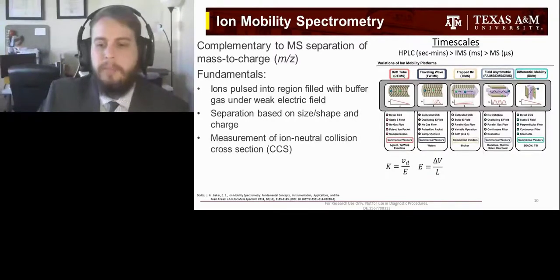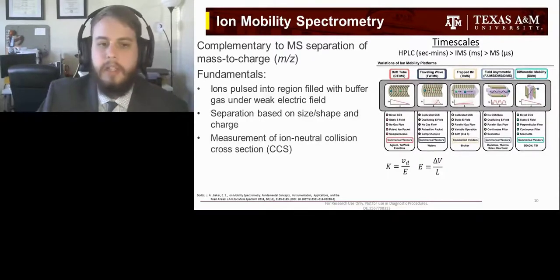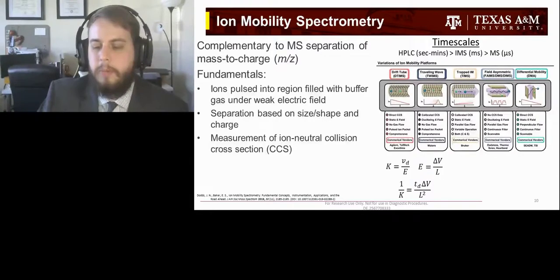Some of the fundamental math behind it is that mobility K is equal to the drift velocity of the ions divided by the electric field, where the electric field is the experimental parameter defined by the delta V, or the change in voltage across the mobility device, as well as the length of that device. If we rearrange these equations a little bit, we get that the inverse mobility is equal to the drift time times the change in voltage across the drift tube divided by the length of that drift tube squared.